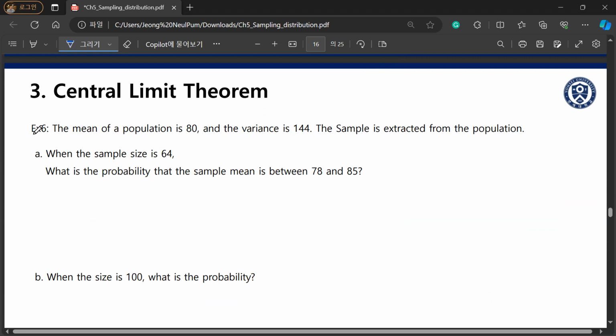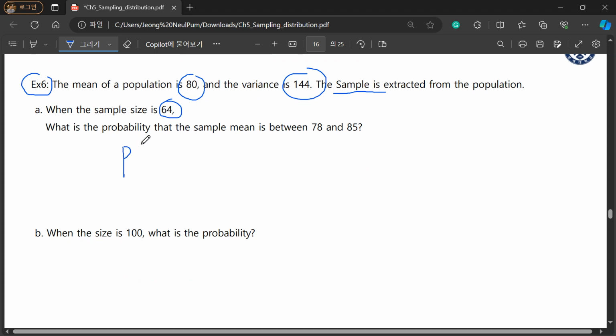And let's delve into example number 6. It gives us the population mu and population variance, and it says that we are dealing with a sample, and the sample size n is 64. It asks us about the probability when the sample mean is between 78 and 85.